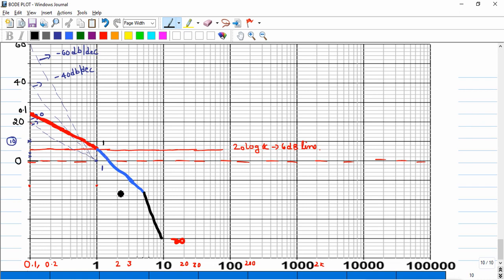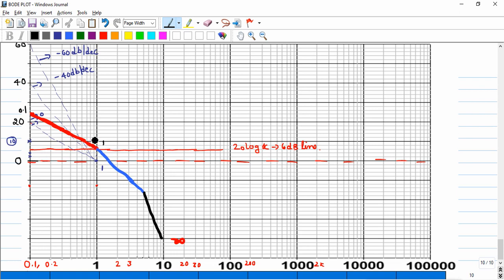So 3 different lines: the first line will have a slope of minus 20 dB per decade, the second line minus 40 dB per decade, and the third line minus 60 dB per decade, because we have drawn with respect to the construction line. So this is all about constructing the magnitude plot.